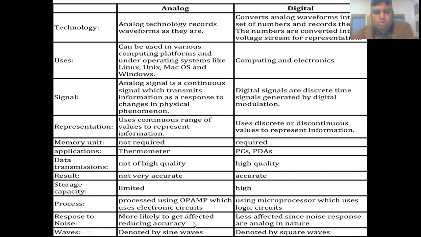Analog circuits are very prone to noise, whereas discrete digital circuits are less affected, since noise responses are analog in nature. So in digital circuits the noise is very low. These are the basic comparisons between analog and digital circuits.